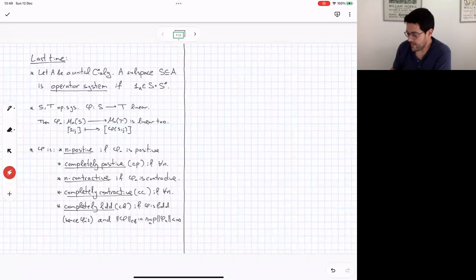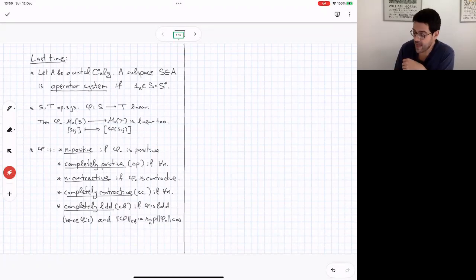The first example of an operator system is any C-star algebra, of course. But in fact, whenever we have a C-star algebra A, then there is another C-star algebra, Mn(A), that is just n by n matrices over A. And therefore also Mn(S) will be an operator system.